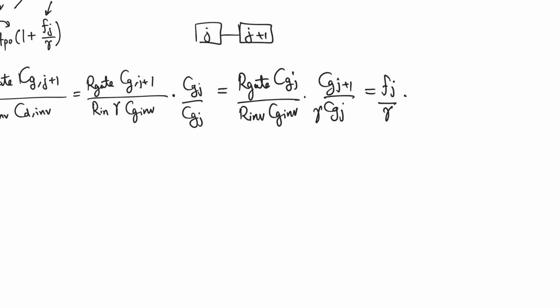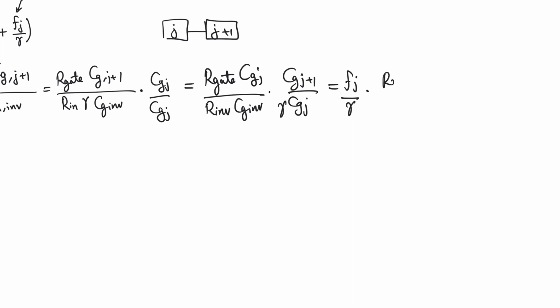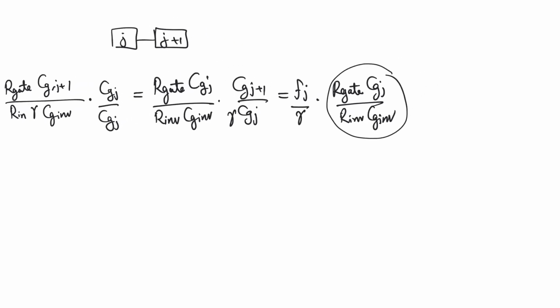Now we have a remainder term, which is R gate times C gate J divided by R inverter times C gate inverter. This term is unitless, and it looks very familiar because it is very similar to P, which we calculated in the previous video. But this term is different because it includes gate capacitances instead of drain capacitances.